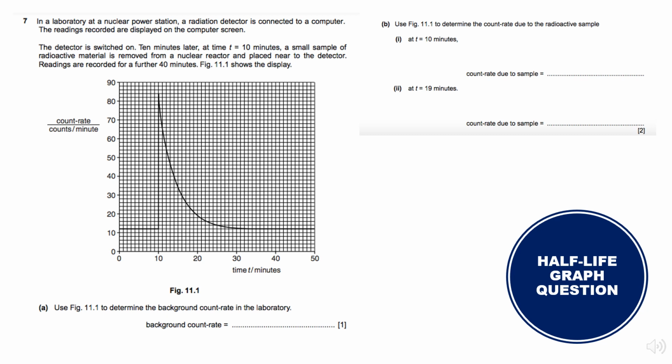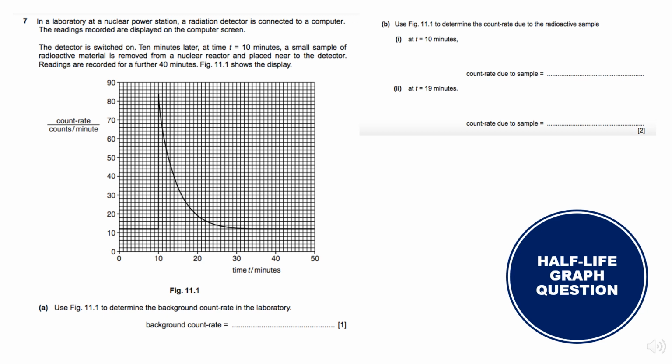The detector is switched on. 10 minutes later, at time t equal to 10 minutes, a small sample of radioactive material is removed from a nuclear reactor and placed near to the detector. Readings are recorded for a further 40 minutes. Figure 11.1 shows the display. So we have the graph, it shows count rates in counts per minute and time t in minutes.